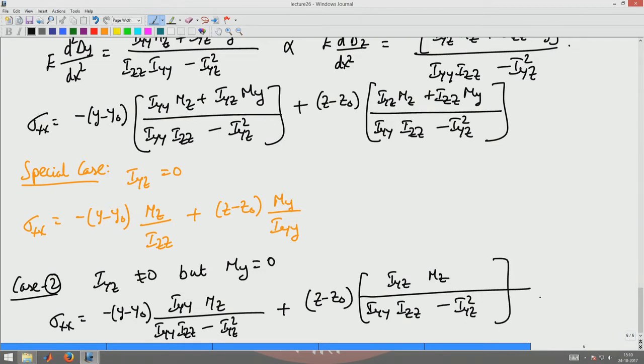So, now this is where you have only one moment, M_z, but the stress varies both along the y and z direction.